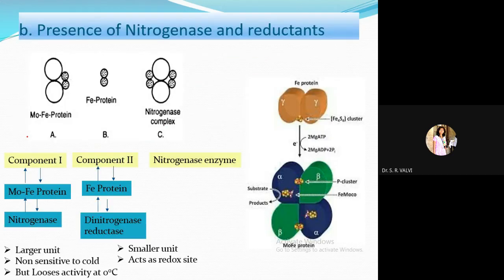Now next, presence of nitrogenase and reductant. So please students, concentrate on this main important slide, which is important for nitrogen fixation. Nitrogenase is the enzyme which is required to fix the atmospheric nitrogen.